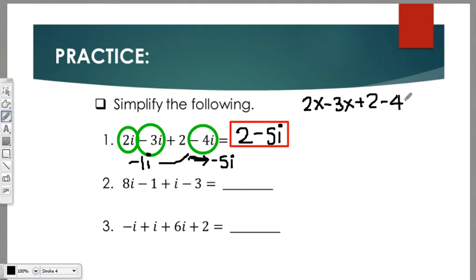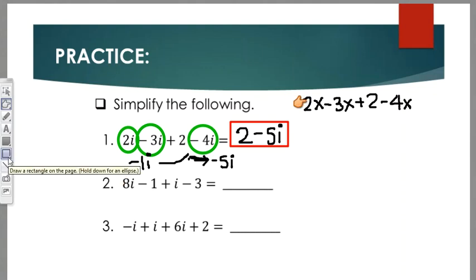Because if you can do this problem that I've come up with here, technically you should be able to do this problem. It's just a letter difference. Yes, does the letter mean something here, whereas here it does not? Yeah, but again, it's the simplifying part that I want you to understand, it's the same concept.